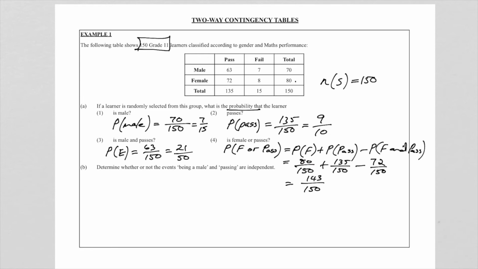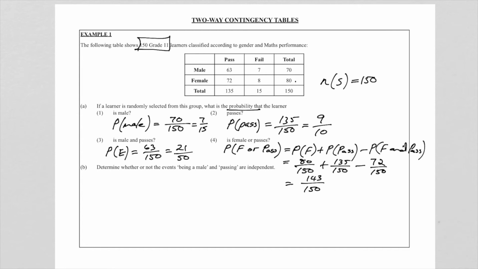That gives you the 143 over 150. And that is the probability of female or passes. So that is the kind of question that you can expect within a two-way table.